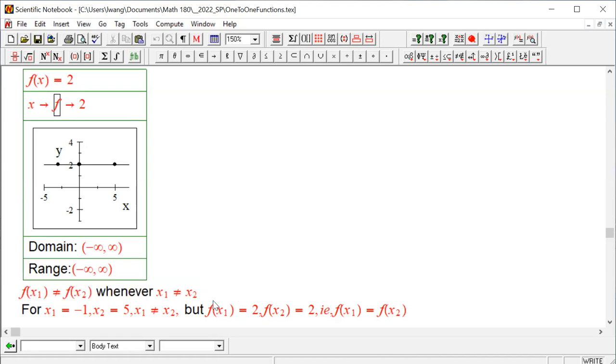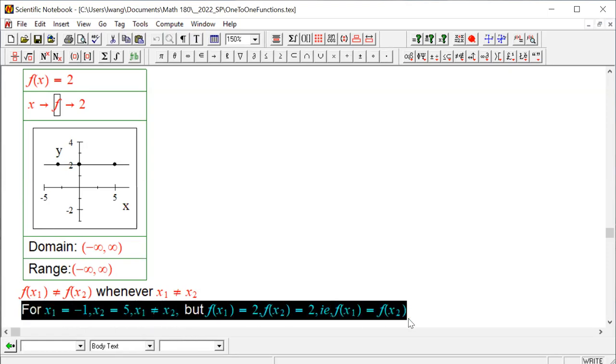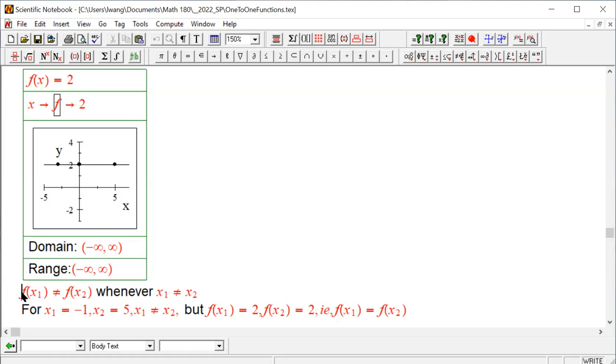In the way I'm writing it, I have cited the definition, but it violates the definition. So I have one case that violates the definition, and false once, false.